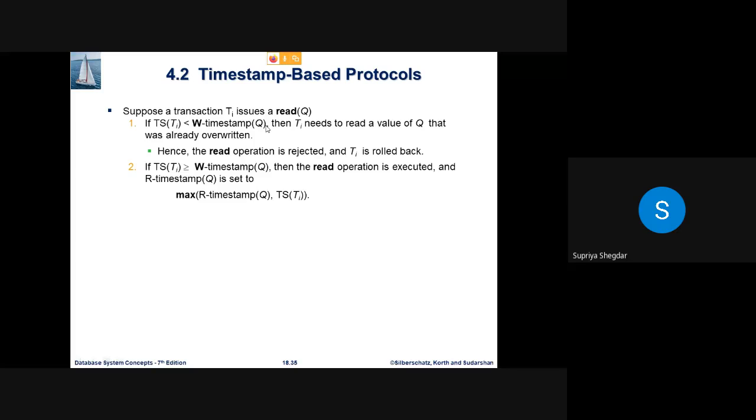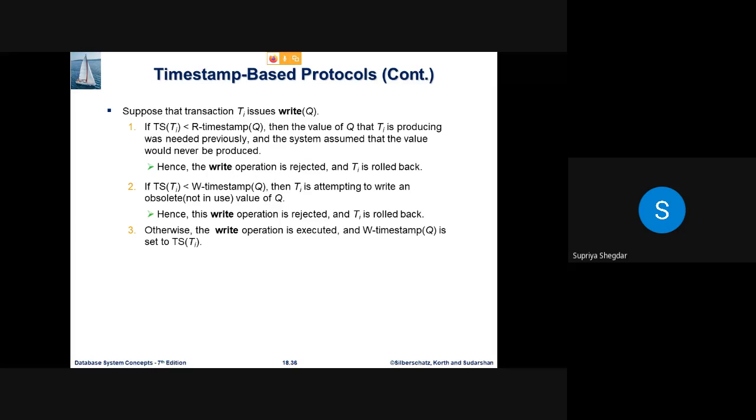And if the transaction's timestamp is greater than the W timestamp, then the transaction can read the latest value written for that data item Q. So, two conditions for the read operation. Have you understood them?